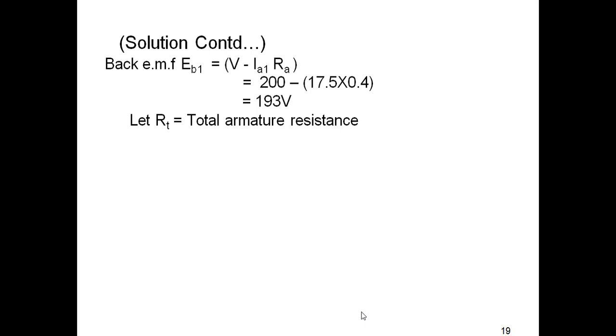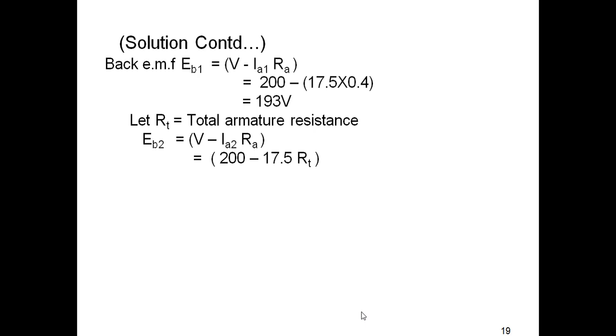and let RT is the total armature resistance. We write EB2 is equal to V minus IA2 RT.